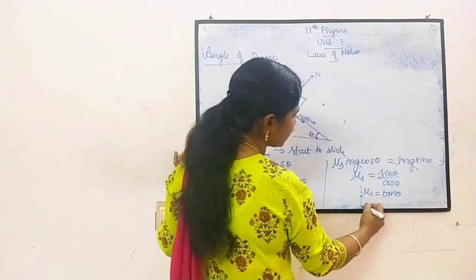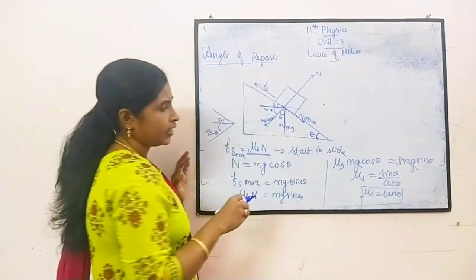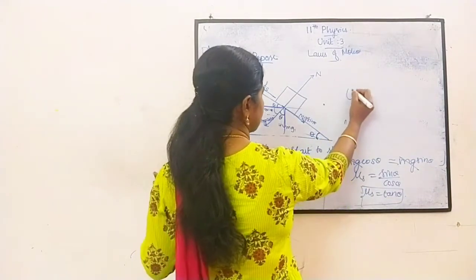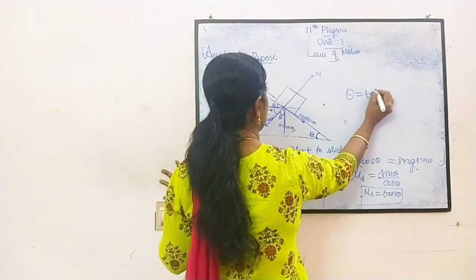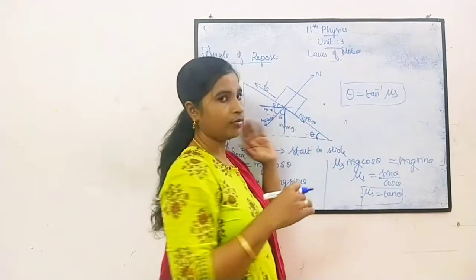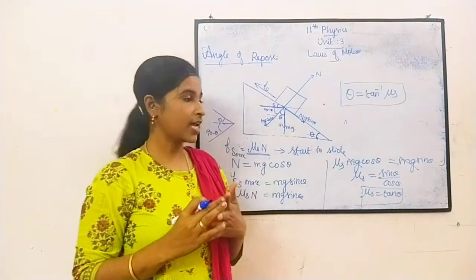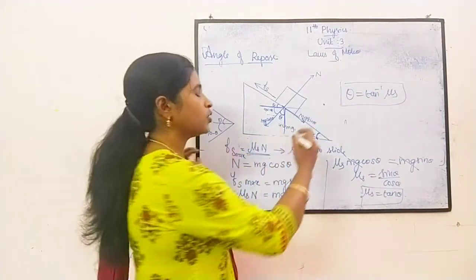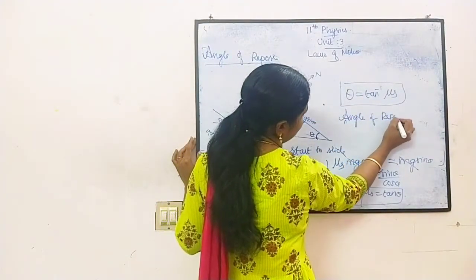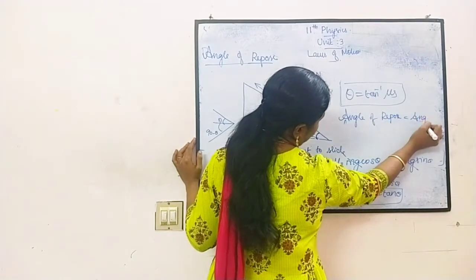Okay. So here also we have got mu s is equal to tan theta, or we can write it as theta is equal to tan inverse of mu s. So this is called the angle of repose. From this we can say that the angle of repose is equal to the angle of friction. Okay.